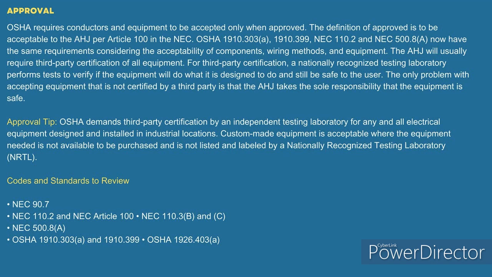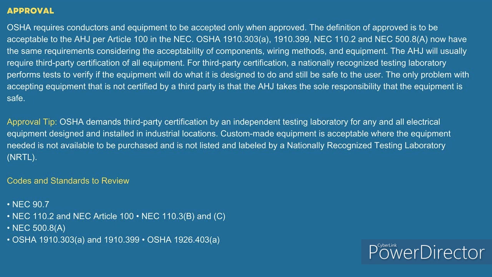Now, this is something to pay attention to here. The authority having jurisdiction will usually require third-party certification for all equipment, just like they do for listing and labeling. Then it says, for third-party certification, a nationally recognized testing laboratory, or it could be a QTL, they used to call it a qualified testing laboratory, performs tests to verify that the equipment will do what it is designed to do and still be safe to who?